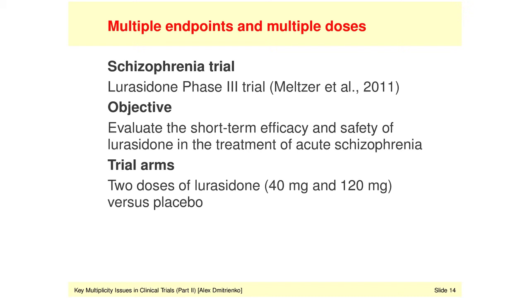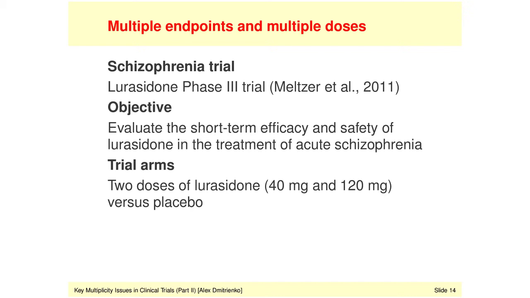And when I introduced that example in part 1, I stressed that multiple dose-placebo comparisons are quite common in phase 3 neuroscience trials, and I added that a phase 3 lurasidone trial in acutely psychotic patients with schizophrenia will be used in part 2 to help illustrate some of the advanced multiplicity adjustment strategies.